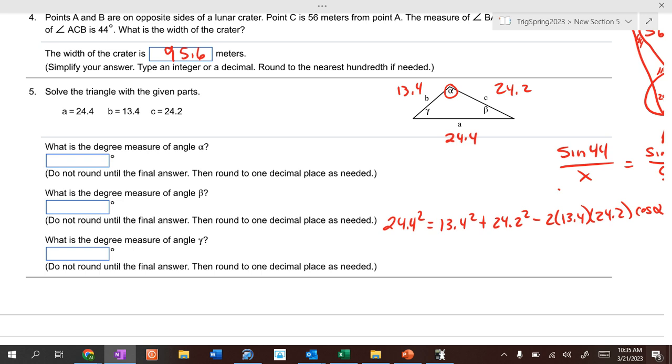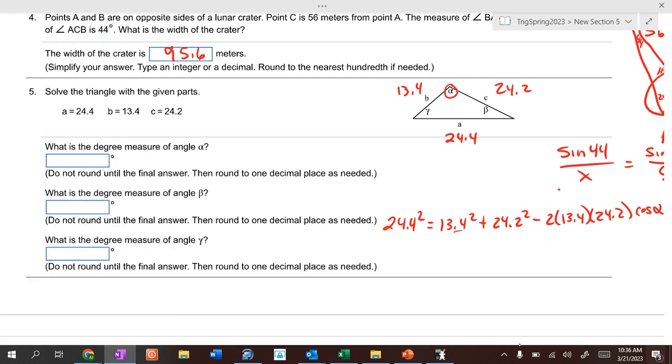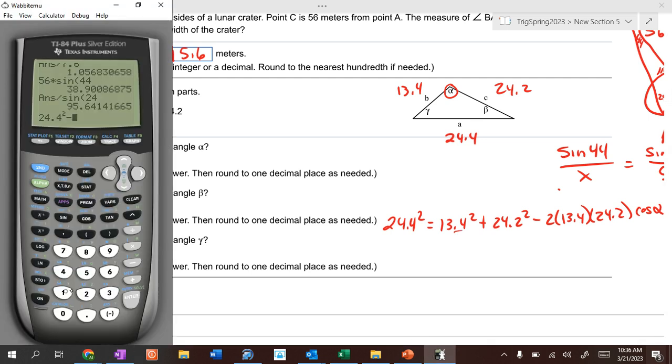Okay? So then on our calculator, we just take 24.4 squared, and then we subtract these two: 13.4 squared and 24.2 squared. And we get an answer.